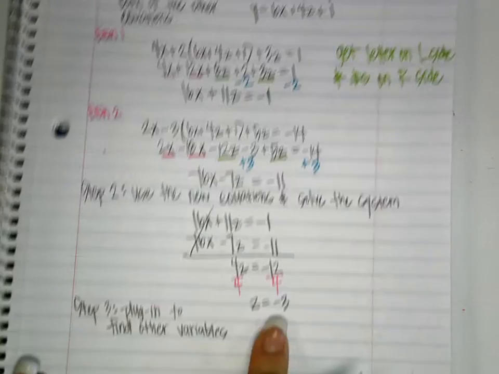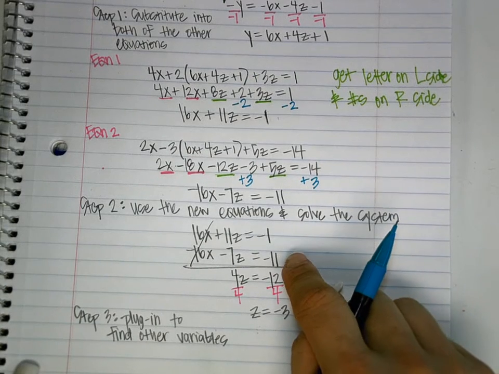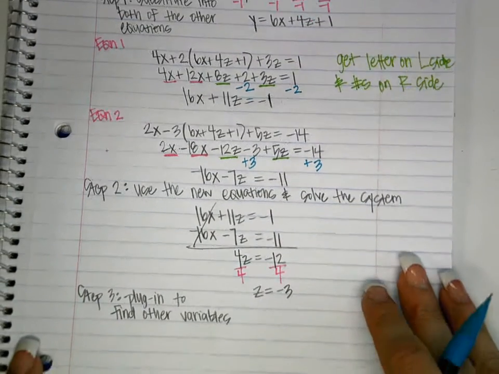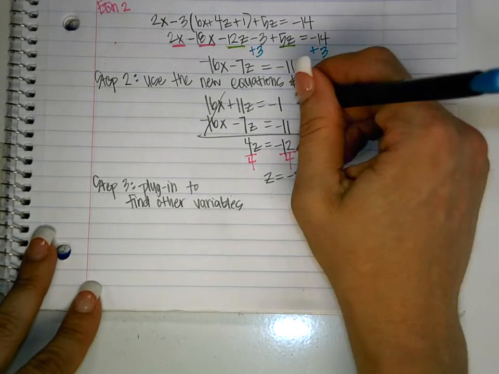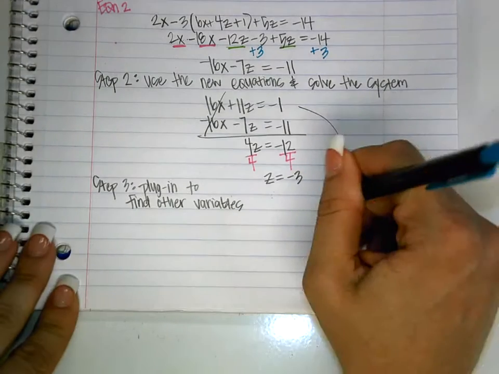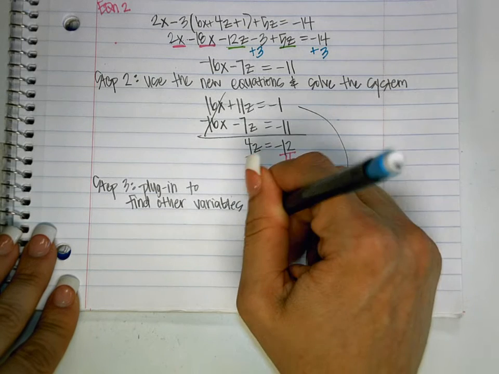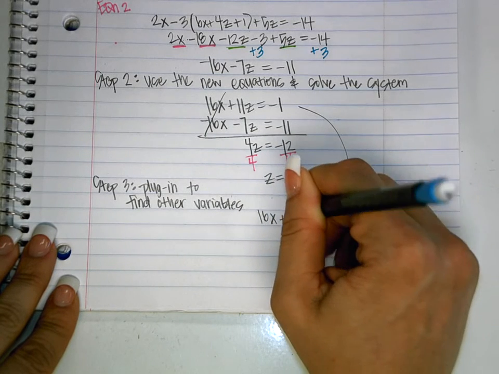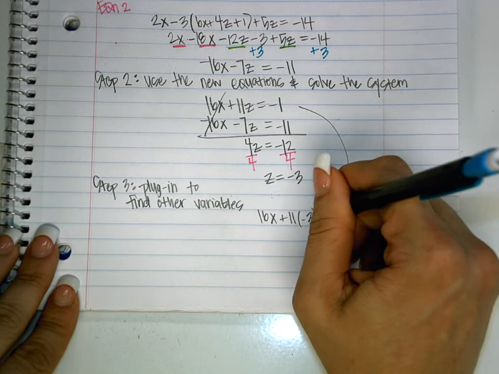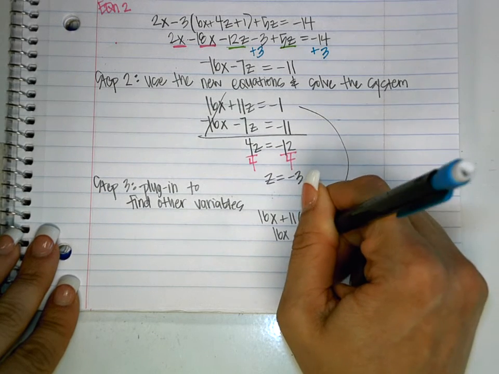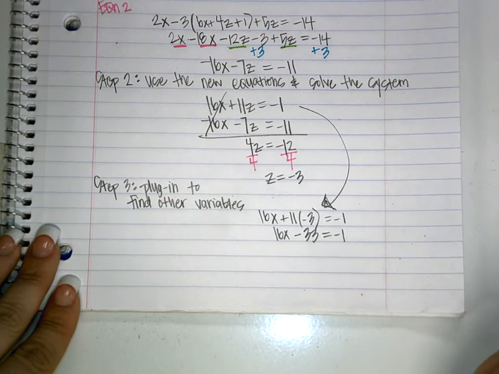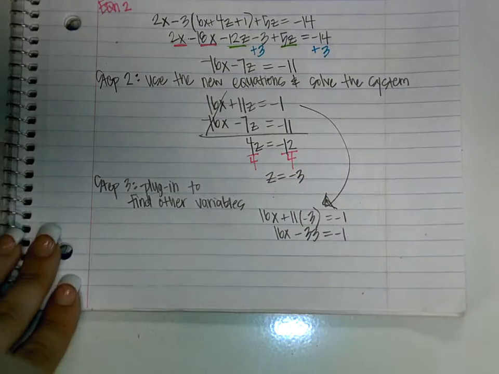I'm going to use one of these equations because they only have 2 variables in them, and plug in z to find one of the other variables. I'll use this one because it looks a little bit easier. 16x plus 11 times negative 3, since z equals negative 3, equals negative 1. 16x minus 33 equals negative 1. Add 33 to both sides.